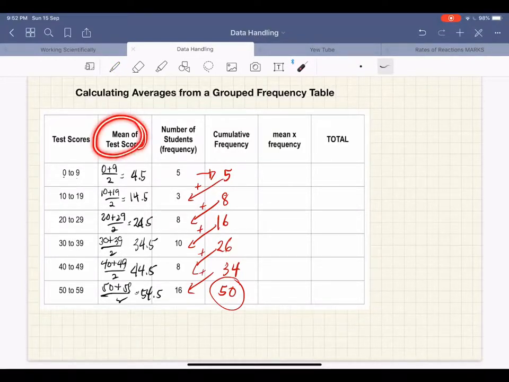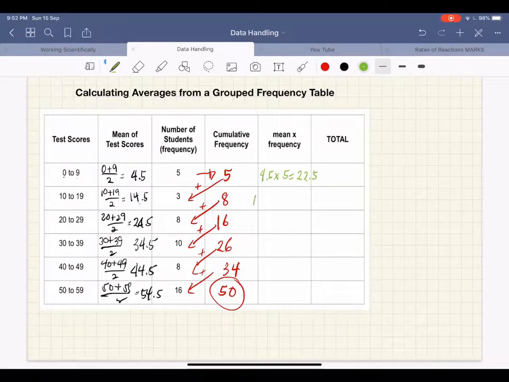Okay, so we're going to calculate the mean times the frequency. 4.5 times the frequency of 5 equals 22.5. Okay, next, 14.5 times 3 equals 43.5.